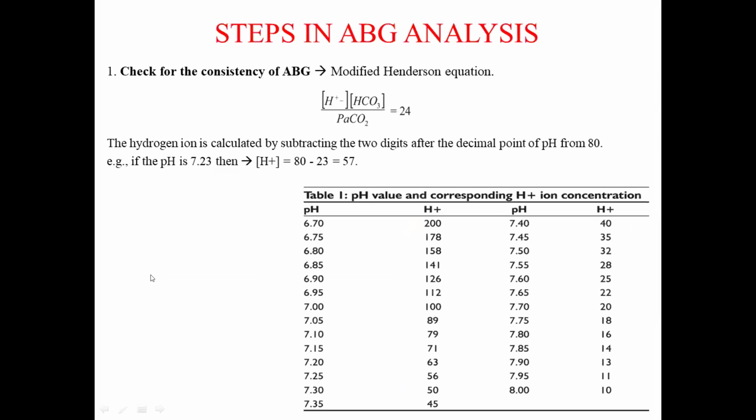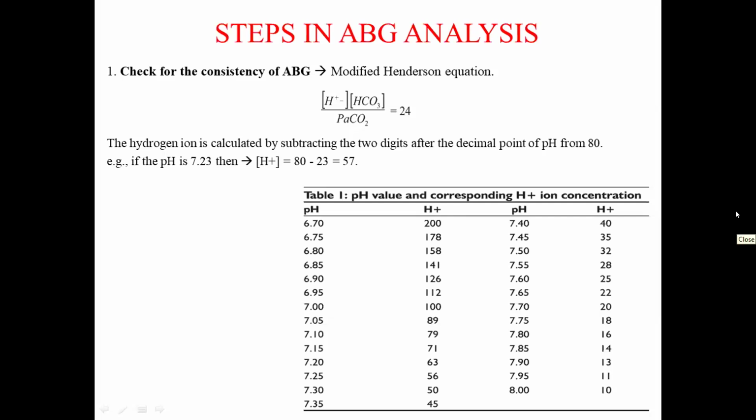Okay, so 112 minus 40, how much will it be? 72. So 72 divided by 32, how much will it come? It will be more than 2.25, more than 2. So it is acute only. Right. Okay.